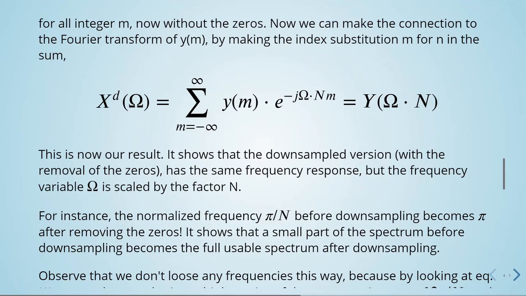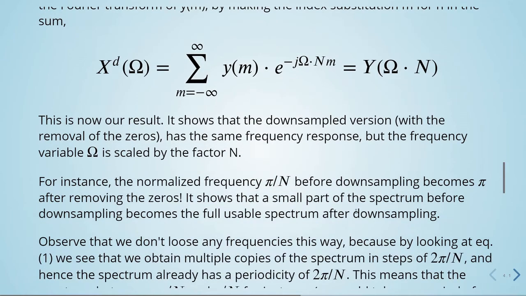It shows that a small part of the spectrum before downsampling becomes the full usable spectrum after downsampling.